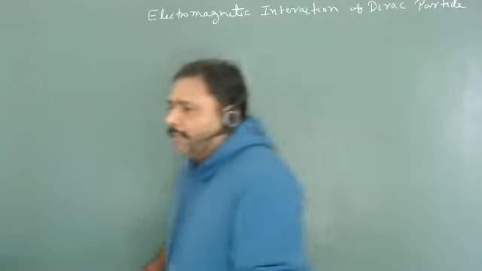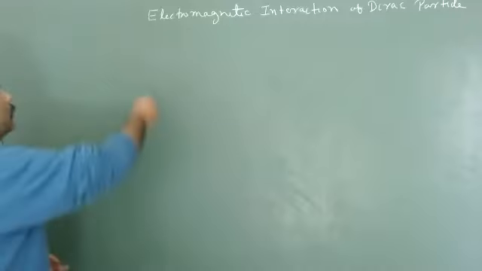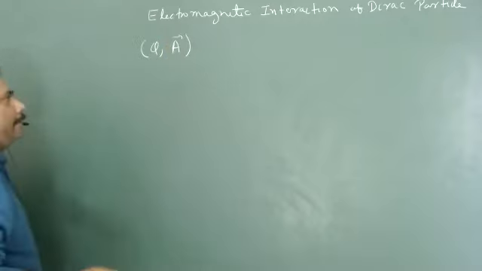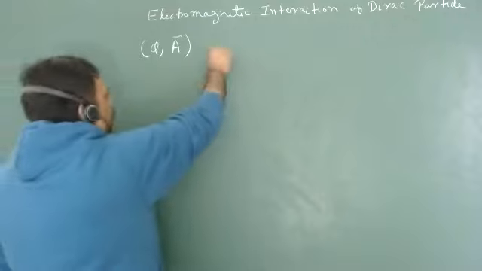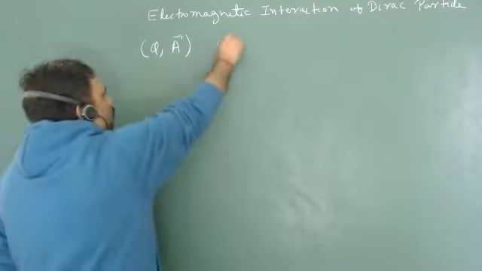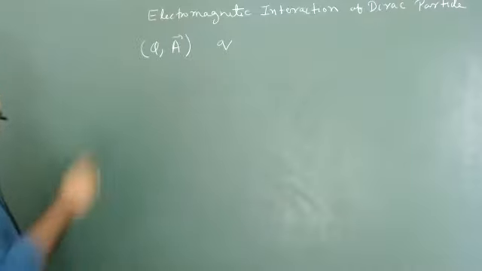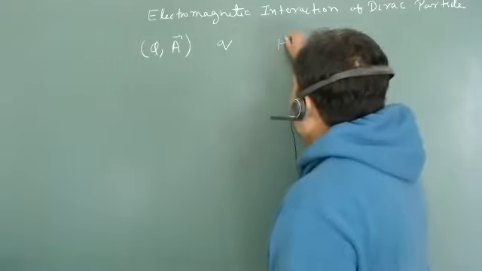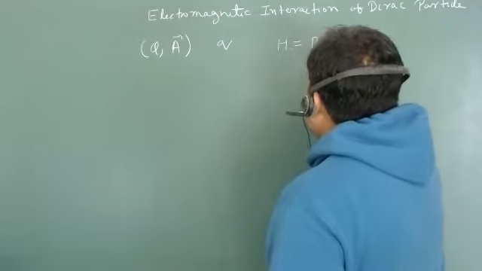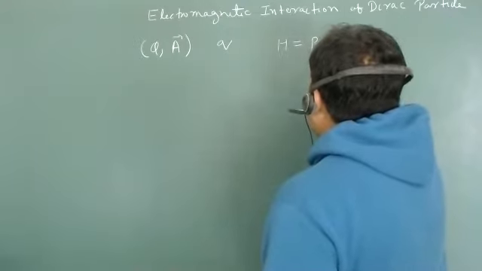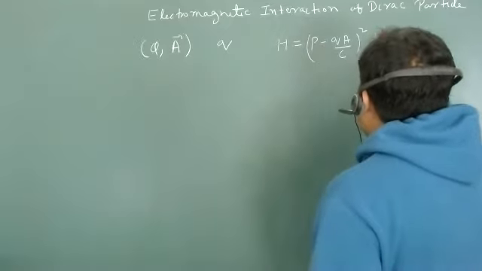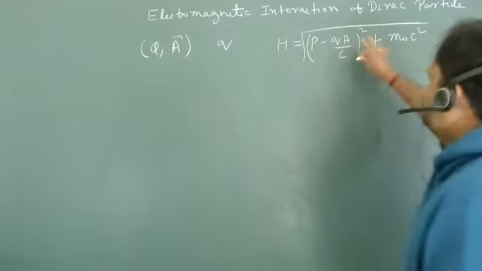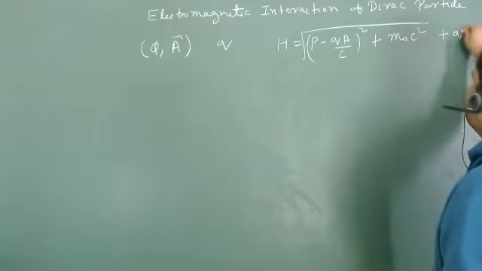So what was the first step? Suppose I have a scalar potential phi and the corresponding vector potential A, and the particle has some charge Q. Then we have the Hamiltonian, which can be written as the square root of (P minus QA upon C) whole squared plus M naught C square, plus the potential part Q phi.